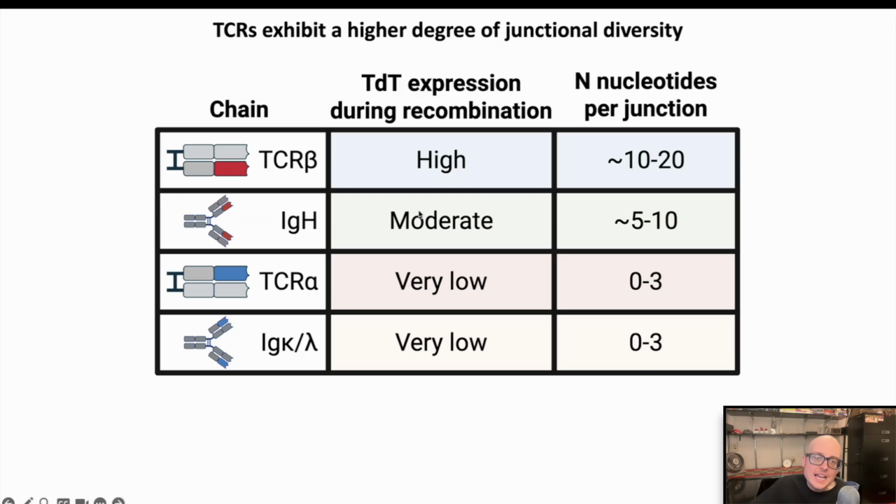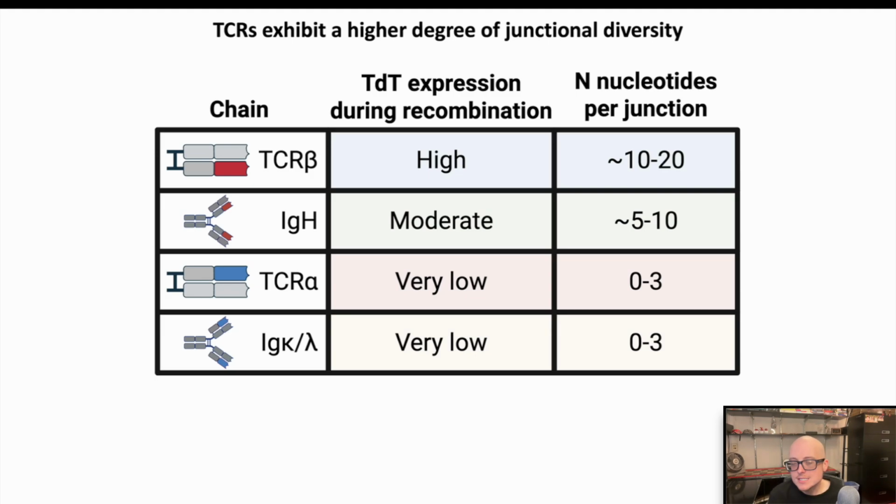And because TdT expression during heavy chain recombination is not quite as high, on average we add fewer N nucleotides between each junction in the heavy chain. And that means fewer amino acids are introduced during successful recombinations. And so that limits the overall possible junctional diversity that can be produced through the activity of TdT.